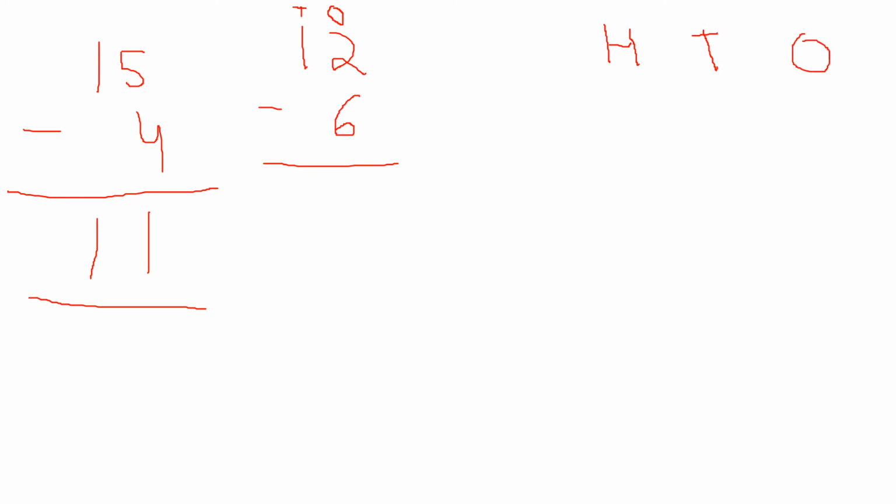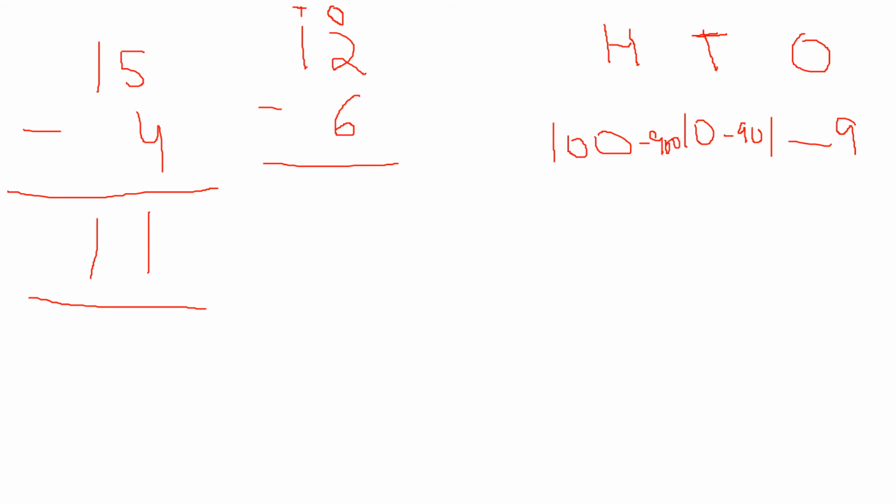The ones place can hold only 1 to 9 numbers. The tens place can hold from 10 to 99. Actually 90. And the hundreds place can hold from 100 to 900.